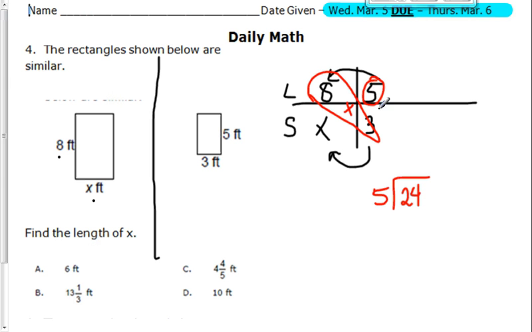Right away, I know that 5 can go into 24 only 4 times because 5 times 5 would be 25 and that's too much. Looking at my answer choices, I don't even have to finish, guys. The only answer that has 4 as a whole number is C. So the answer has to be 4 4/5.